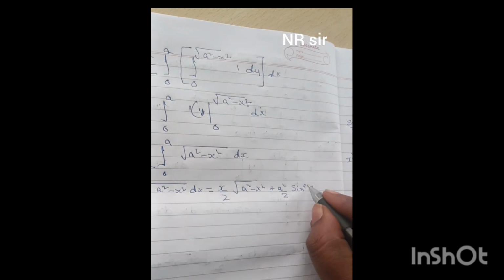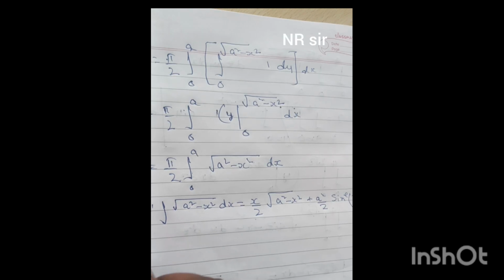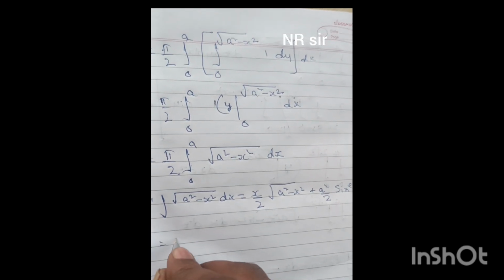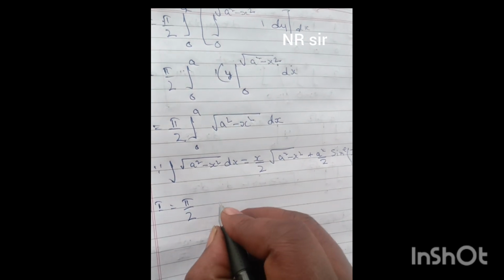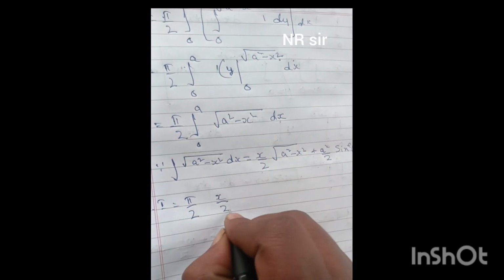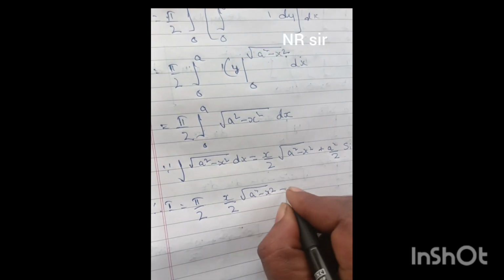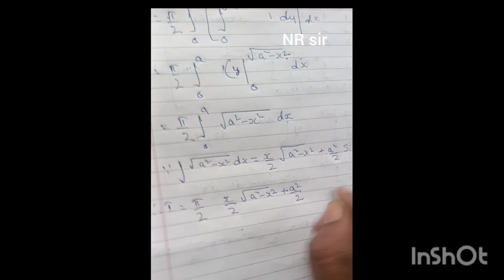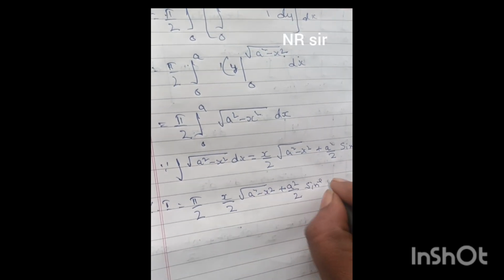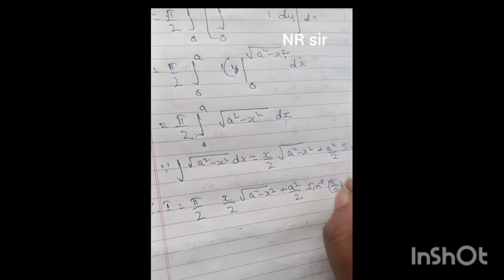By using this formula, let me solve the given integral. So therefore I is equal to pi by 2 times x by 2 square root of a square minus x square plus a square divided by 2 sin inverse x by a.